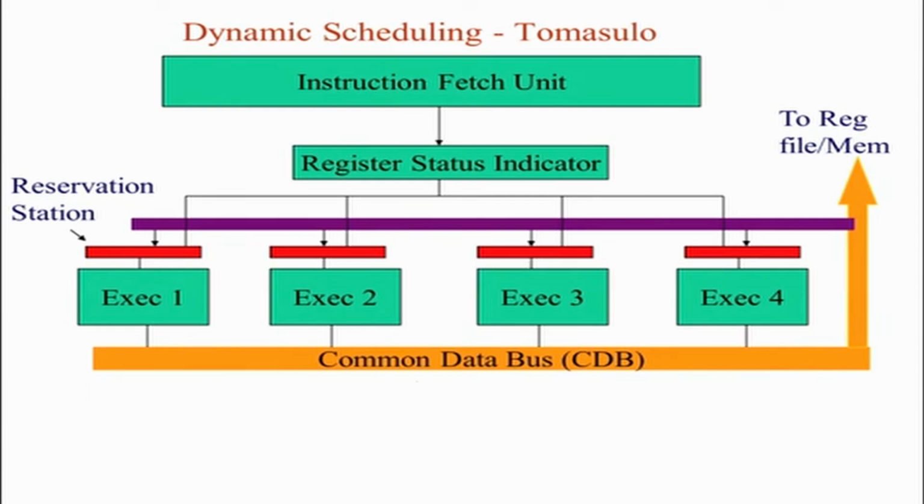That result along with the unit number will go to the register or memory, and on the way it will also go through that purple path, and every reservation unit can see that, right. So, if a reservation unit is waiting for somebody, it will get it here itself before going to the register file, and this is precisely what we called operand forwarding.